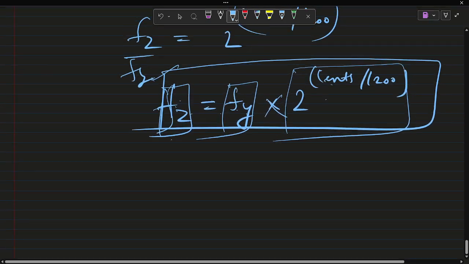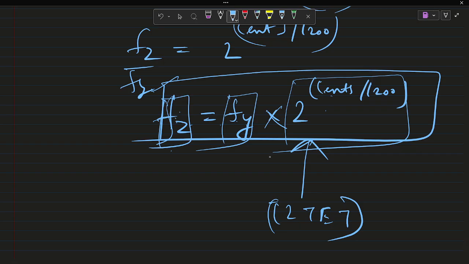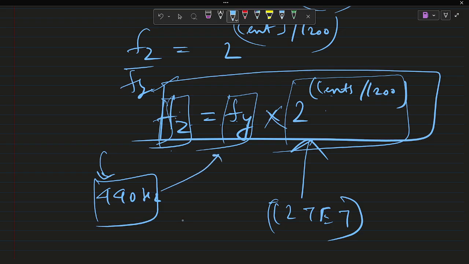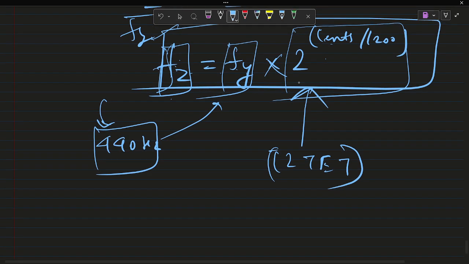This is only applicable for the 12 tone equal temperament system. So for 12 tone equal temperament, suppose you are at 440 hertz, which is basically the standard reference. Suppose your fy is 440 hertz, and you have to go one semitone up from this note.